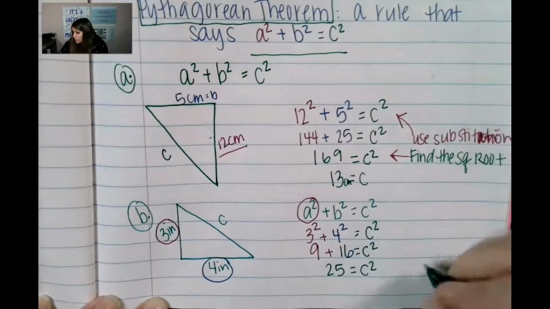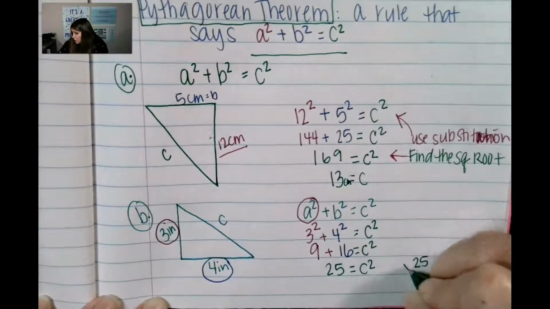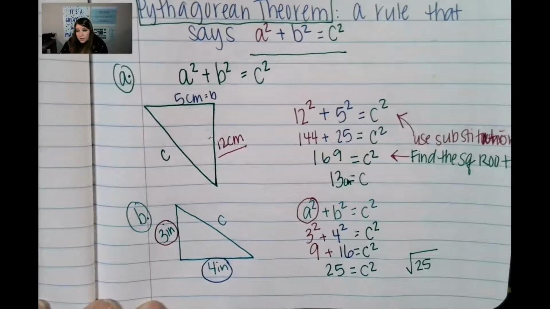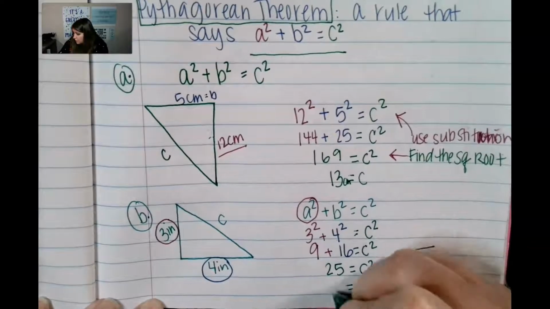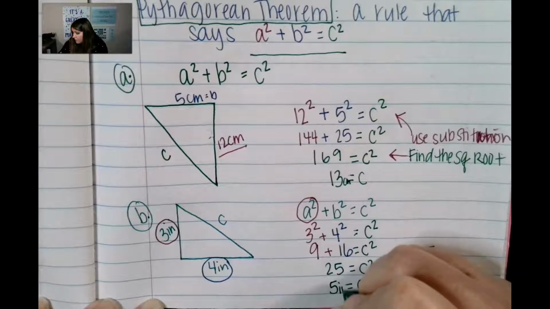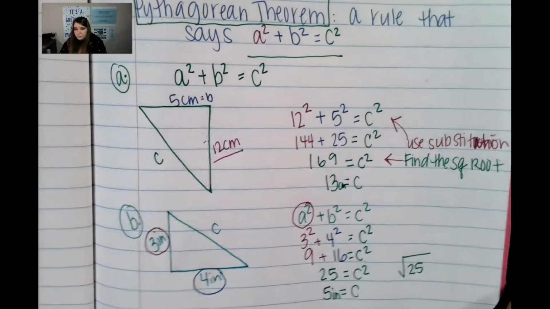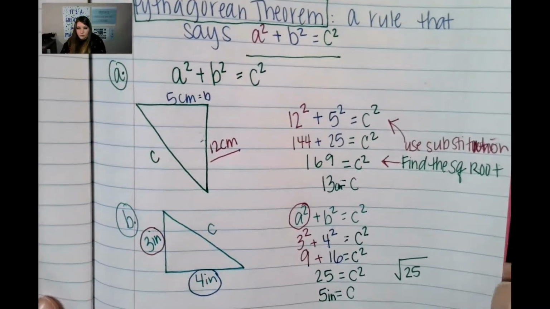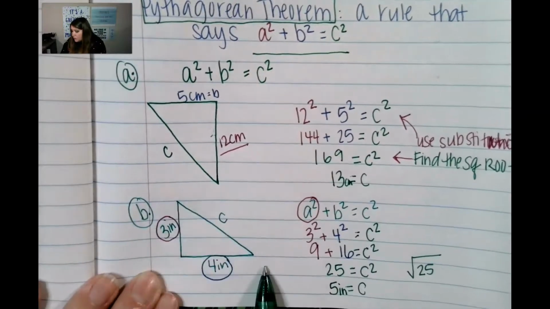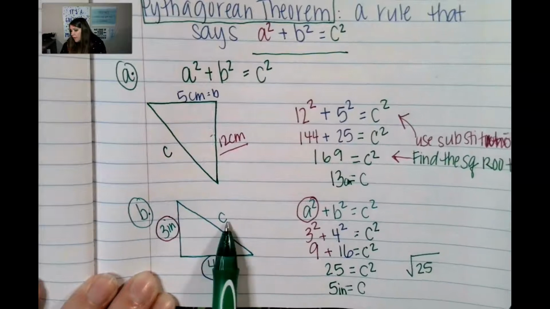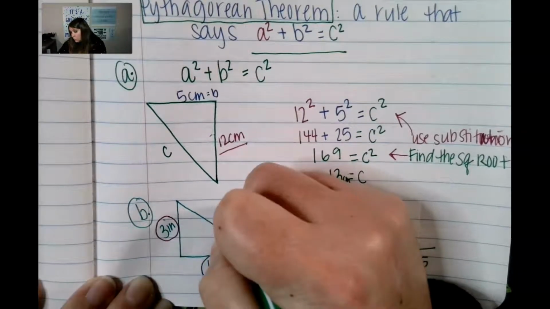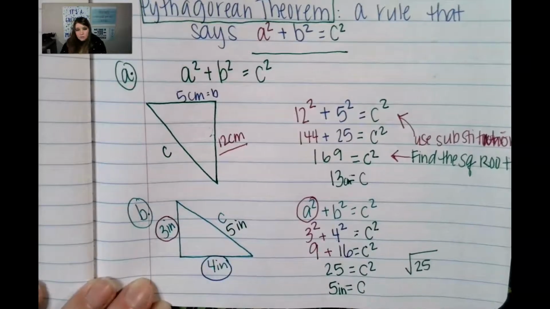And in order to do it, we're just going to take the square root of 25, and we know that 5 times 5 equals 25. So our answer is C equals 5 inches. All right, so this hypotenuse here is 5. You could even add it in over here if you want, 5 inches.